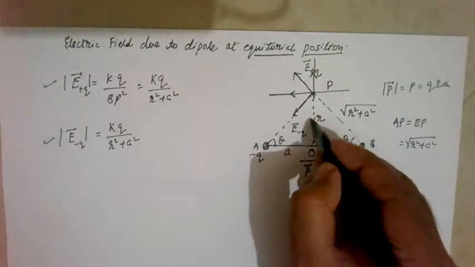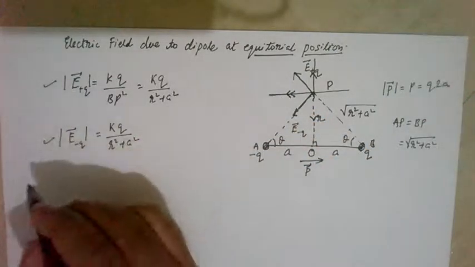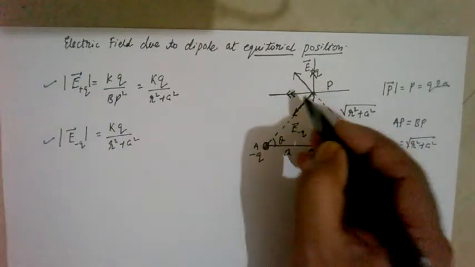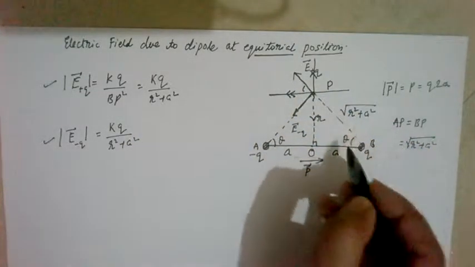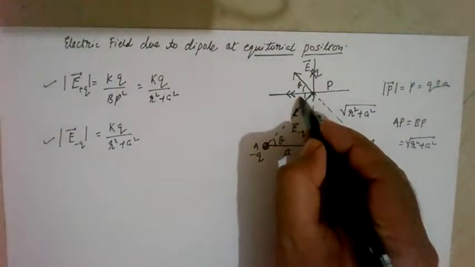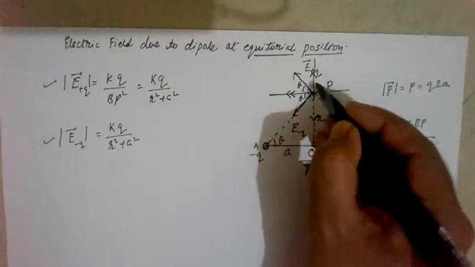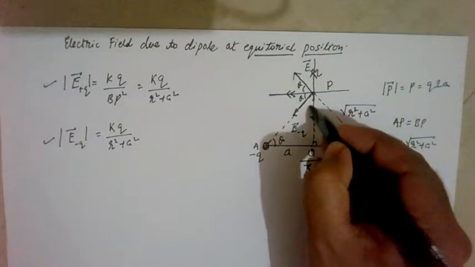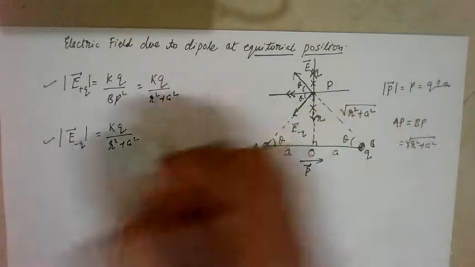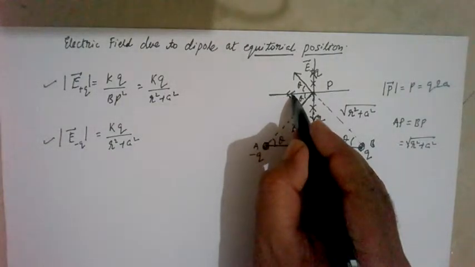Similarly, the minus q charge electric field will have two components. These two angles are theta, and the magnitudes are equal, so the components in opposite directions will be exactly equal and cancel out. Now what we are left with is this component.